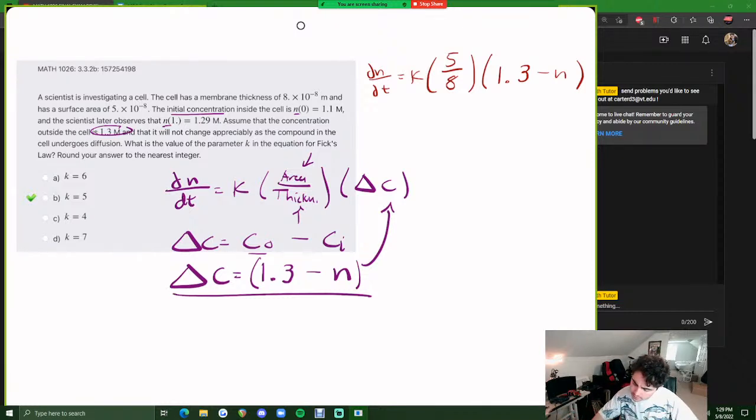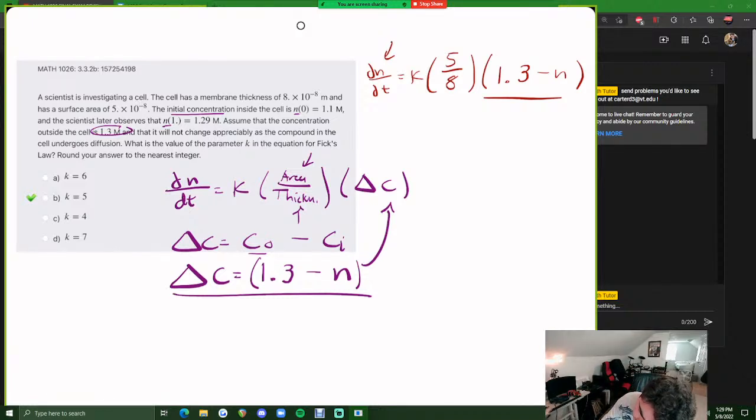We're going to solve this with separation of variables. So we have dN is like our dy. And so we want to get this 1.3 minus N to the right side to be with its N pair, and then we want to move the dt to the right side to be with the k times 5/8. I'm going to call those our t terms.